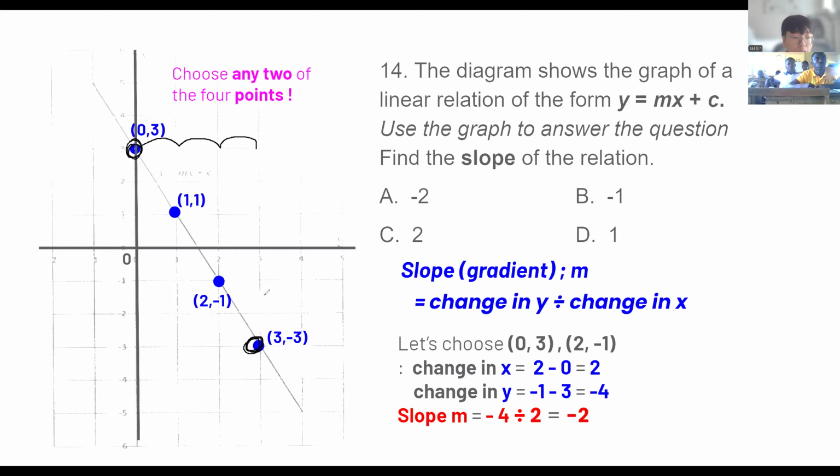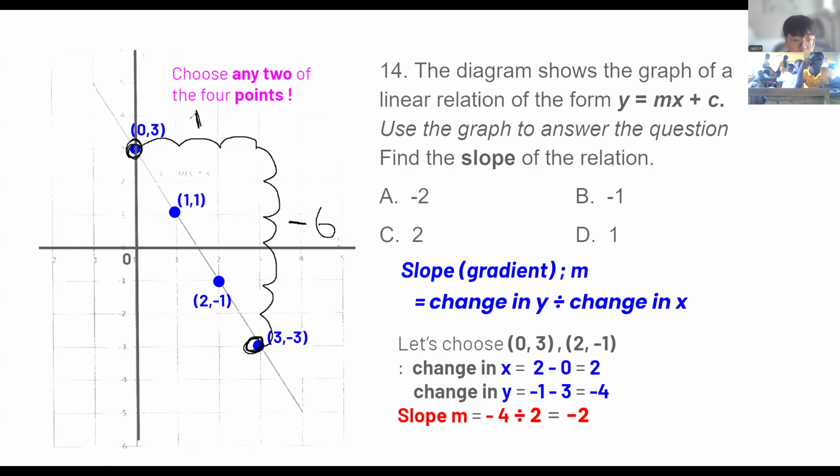What is the change of y? It's from 3 to negative 3. So we have 1, 2, 3, 4, 5, 6. It went down by 6, right? So the change of y will be negative 6.